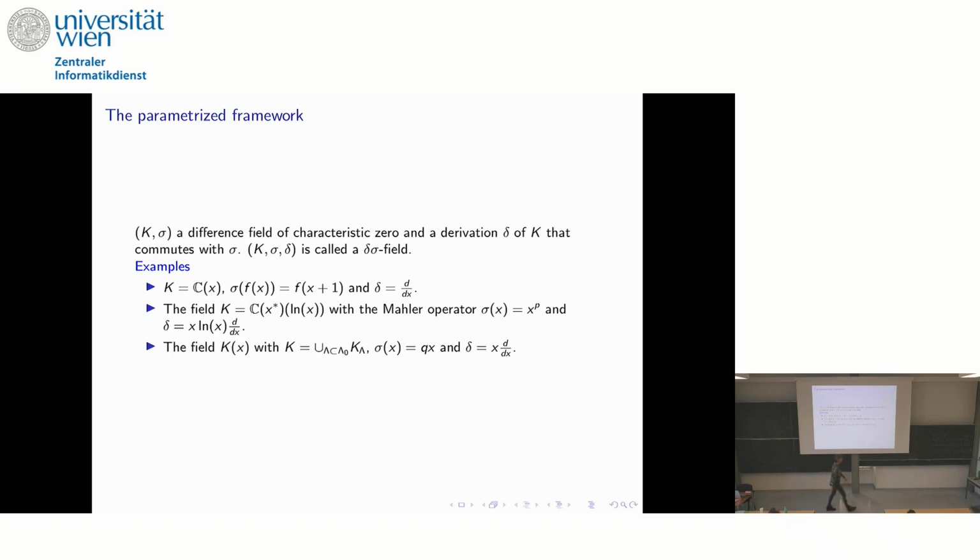So what do I want? That my derivation commutes with sigma. It's just to let it act on the solution. So if I have a solution of a difference system, I can derive it. And this commutes, so this is sigma of delta of u, and then I am using the Leibniz rule.